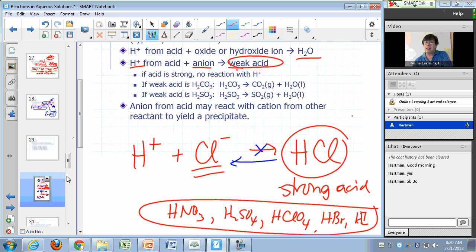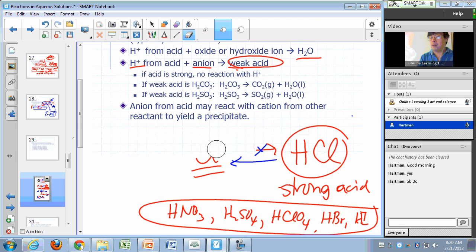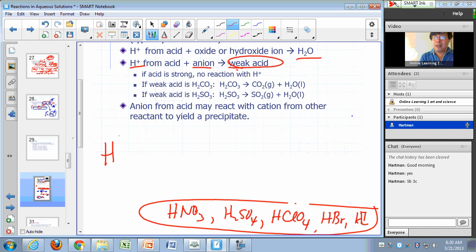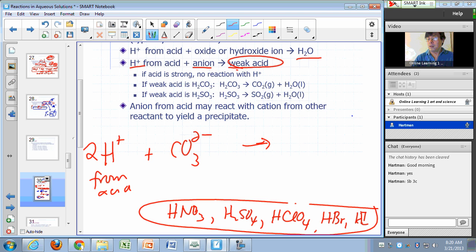Now, if the weak acid happens to be carbonic acid, this is what would happen if you react something with a carbonate. Let's say you have an acid, and the H plus from the acid finds carbonate ions in water. Two of the H pluses plus the carbonate will give you H2CO3, which is carbonic acid.